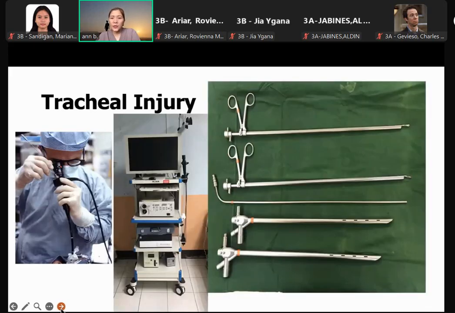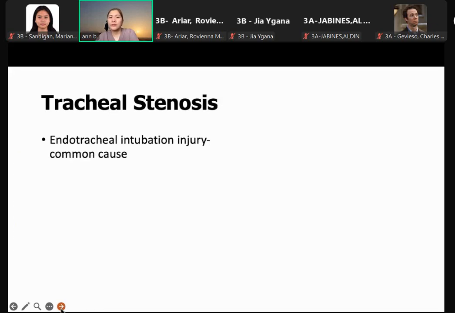With tracheal injury, we need our institution to be equipped with fiber optic bronchoscopy. This is just the normal lap tower. The first picture is the fiber optic bronchoscopy and the rigid bronchoscopy. These are the barrels for the rigid bronchoscopy.